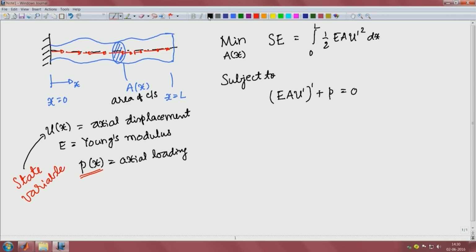And the moment we have a function type equation, then we have to put a corresponding lambda of x, which is the Lagrange multiplier. This is the governing differential equation, which is the function type constraint. So, the corresponding multiplier is also a function.